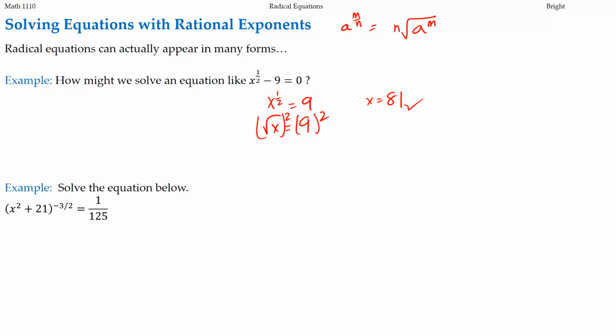What I would really like to see later in my work is something like x squared plus 21 to the first power, because then that's the same as just saying x squared plus 21, and I don't have to worry about foiling it out or doing anything like that. So my question is, if I do that, to get to the exponent of 1, I would have to play with exponents.